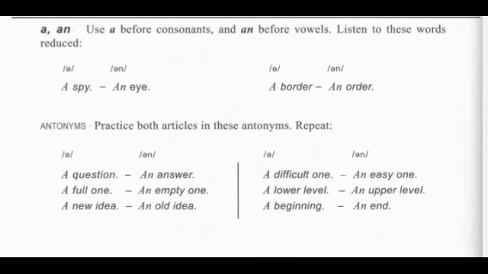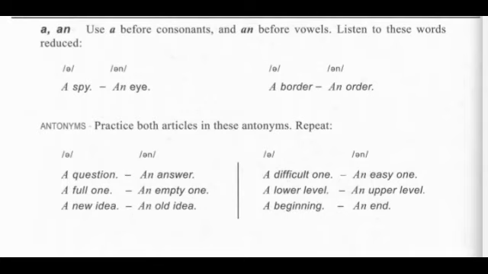"A" and "an." Use "a" before consonants and "an" before vowels. Listen to these words reduced. "A" becomes "uh." "An" becomes "un." A spy, an eye, a border, an order.